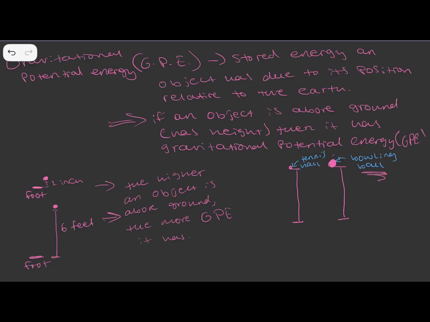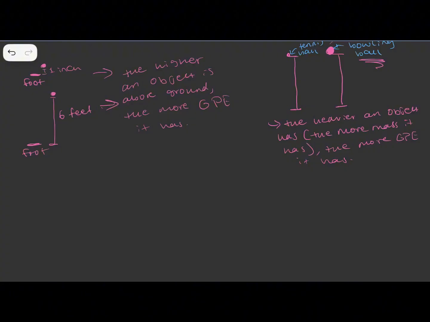Probably the bowling ball. So the heavier the object, that is, the more mass it has, the more gravitational potential energy it has. Very good.